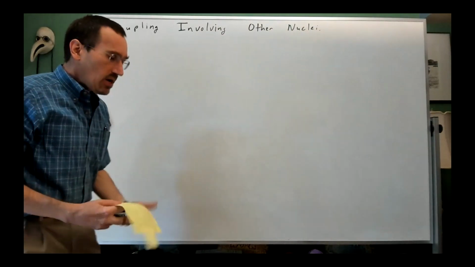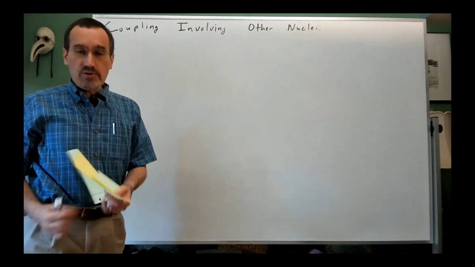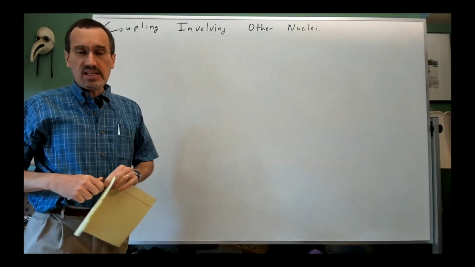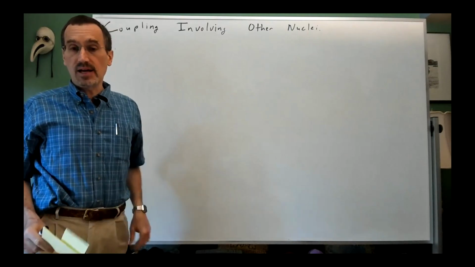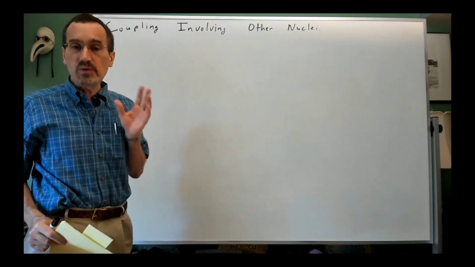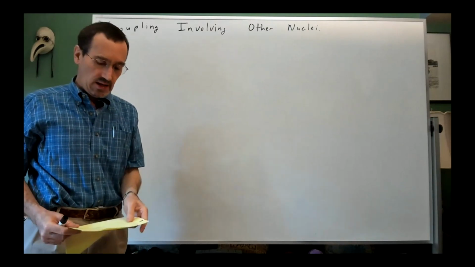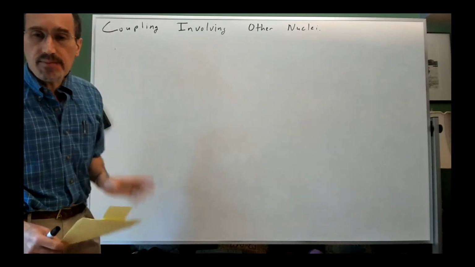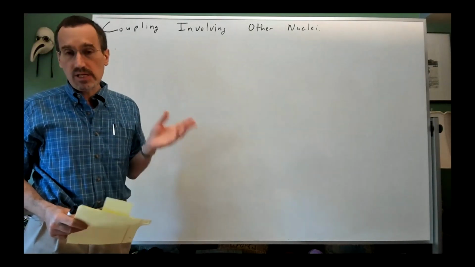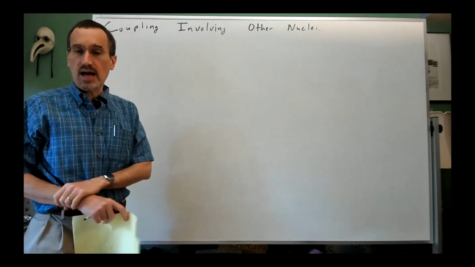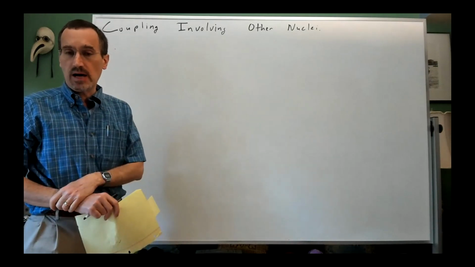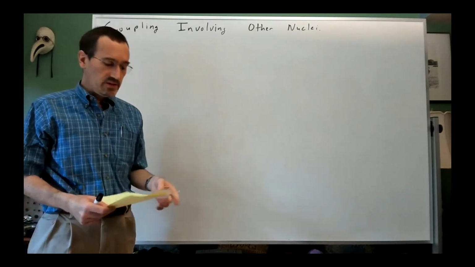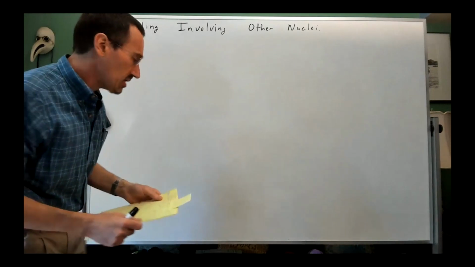All right. So for coupling involving other nuclei, I wanted to give us a feeling of the coupling constants involved, because we've calibrated ourselves very well on proton-proton coupling. And some of the heteronuclear couplings, particularly those involving just a single bond, but also heteronuclear couplings involving carbon to fluorine, can be a little bit surprising.